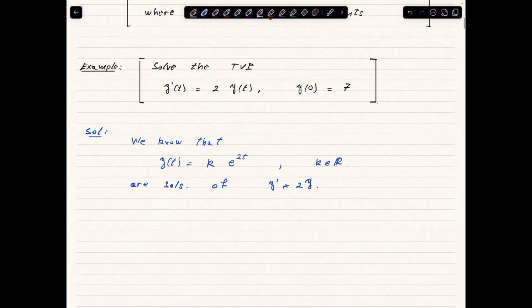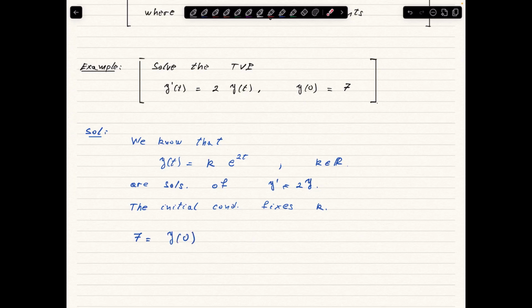So now let's find the constant k. The initial condition fixes k, because the condition says that 7 has to be equal to the value of the solution we are looking for at t equals 0.